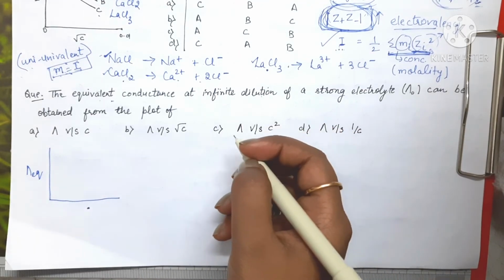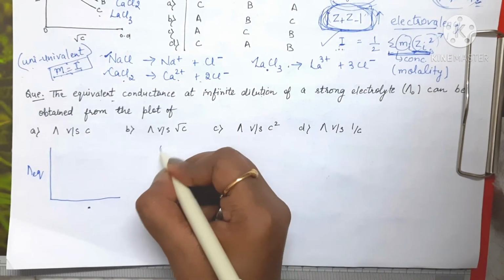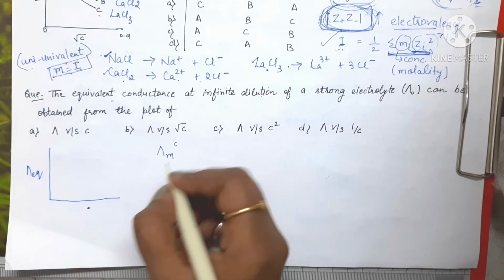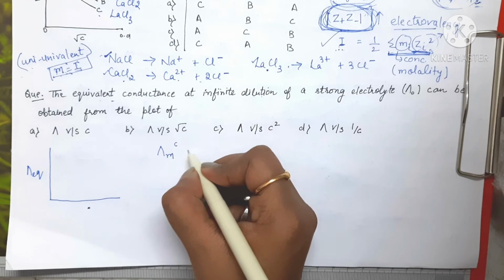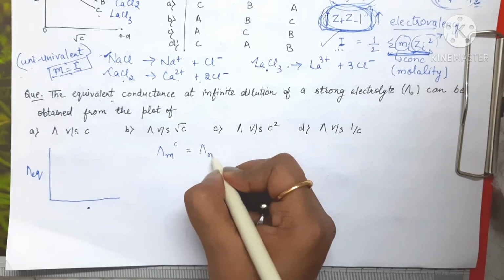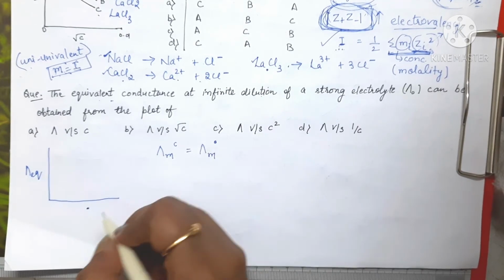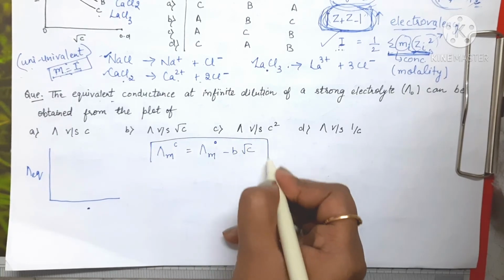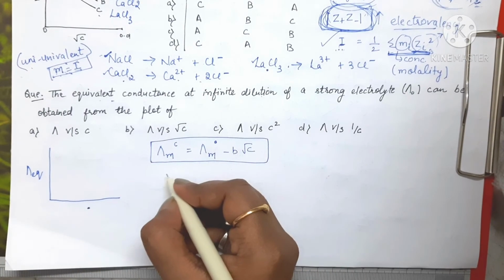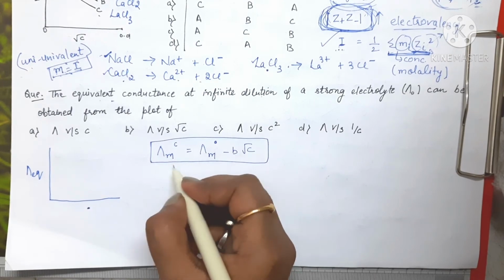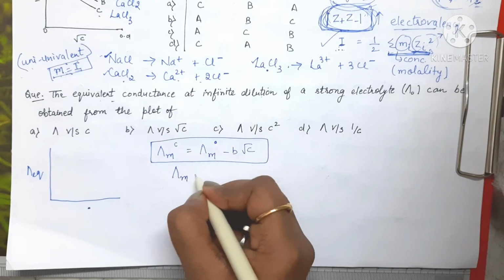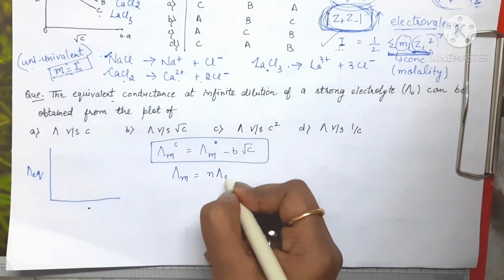Okay, so now what you should know is this relation: lambda m at concentration C equals lambda m at infinite dilution minus B root C. This equation we have studied, right? And also we know one relation between lambda m and lambda EQ, that is lambda m equals n times lambda EQ.